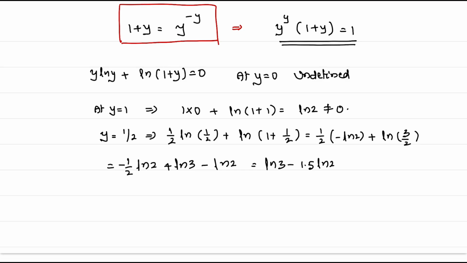What is ln 3 value? Many times I have asked you to remember that. Minus half ln 2 minus ln 2 plus ln 3. This is 1.09 minus 1.5 into 0.693.